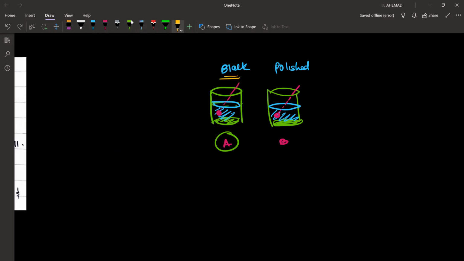It is a good absorber as well as the best emitter. If a body is good at absorbing the radiation, then it is also good at emitting the radiation. So black color will heat quick as well as cool quick. Is the idea clear?